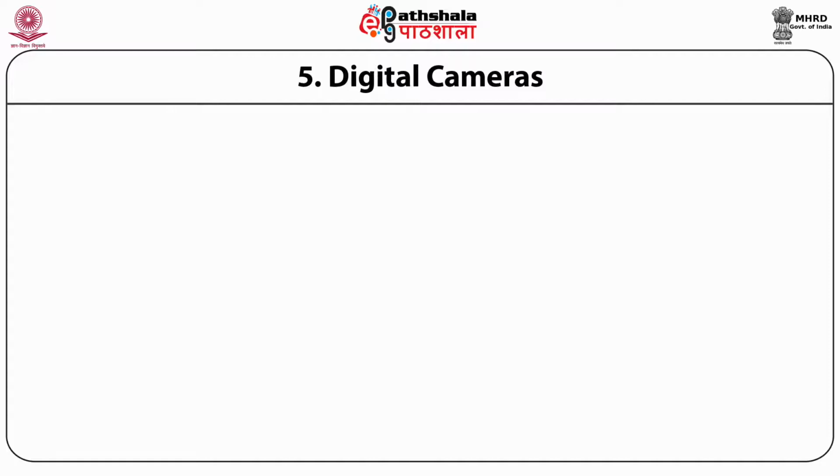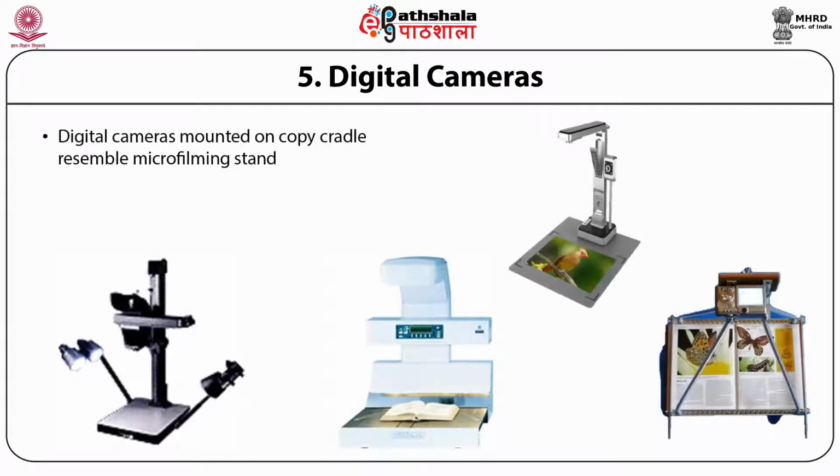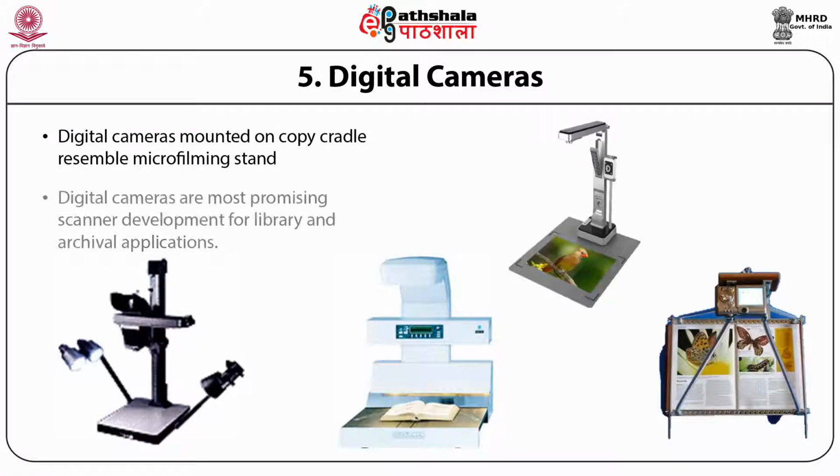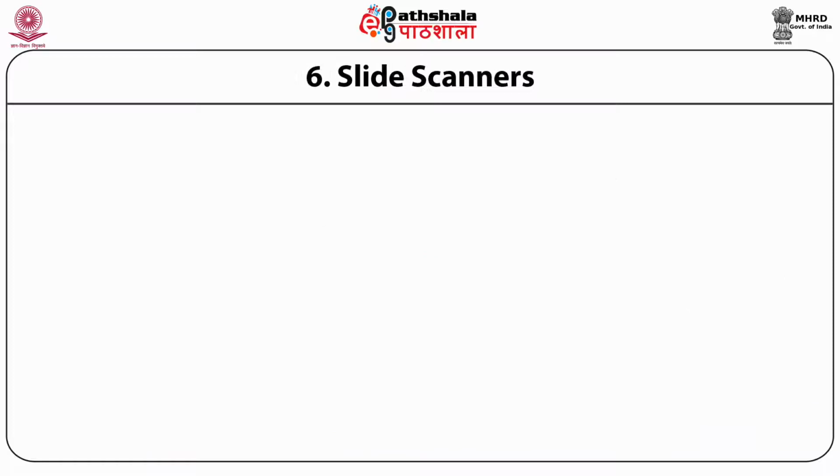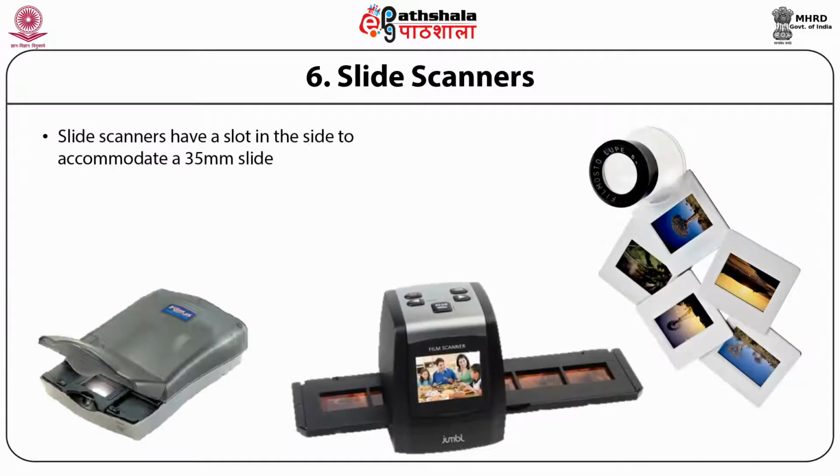Digital cameras. Digital cameras mounted on a copy cradle resemble a microfilming stand. Digital cameras are the most promising scanner development for library and archival applications. The sixth one is slide scanners. Slide scanners have a slot in the side to accommodate a 35 mm slide.